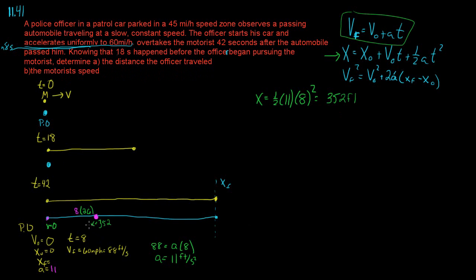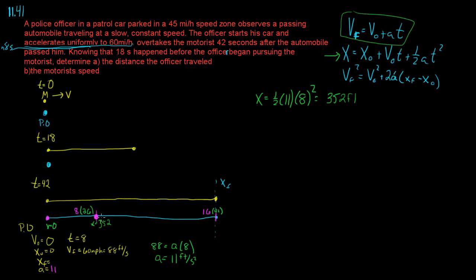So now let's fill out what we know. The police officer at 26 seconds is right here, and at 42 seconds is right here. So the total time that the police officer is traveling at a constant velocity from this point to this point is 42 minus 26, or 16 seconds.